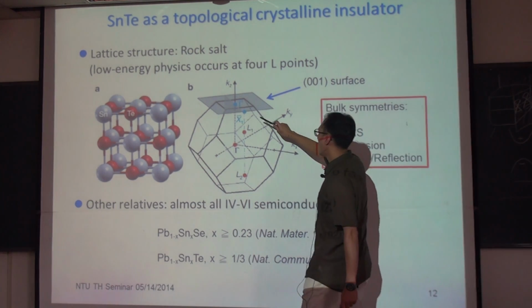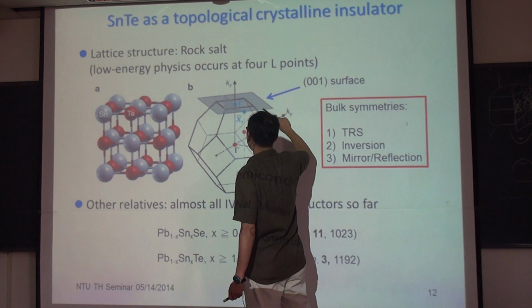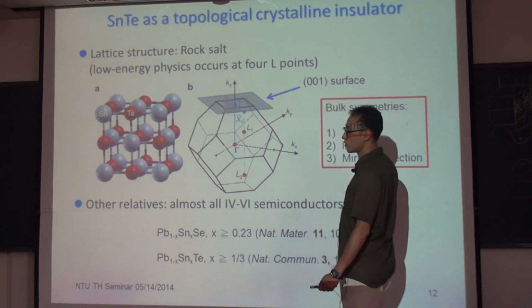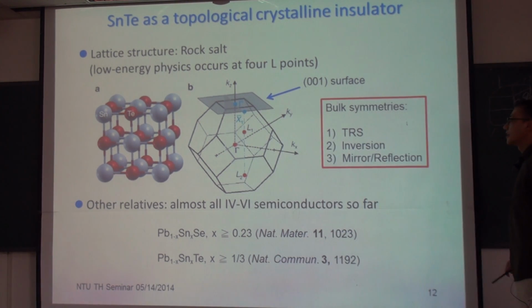And if we also consider a boundary, which is the 001 surface, then we can see there are surface Dirac cones. This is the 001 surface.